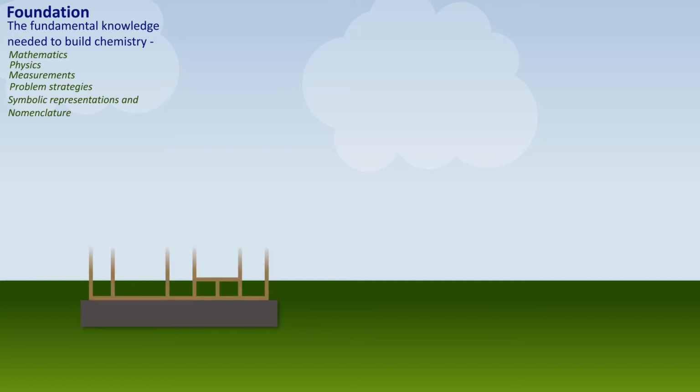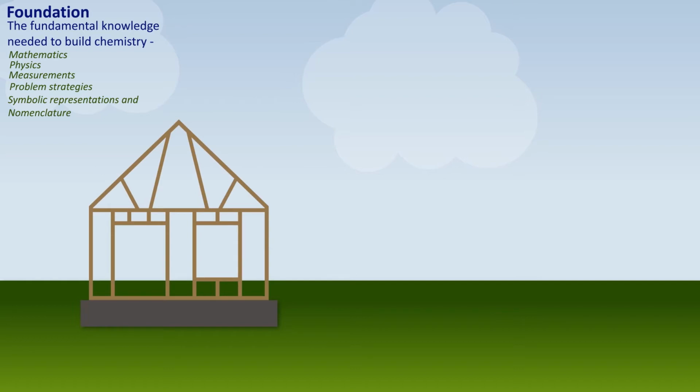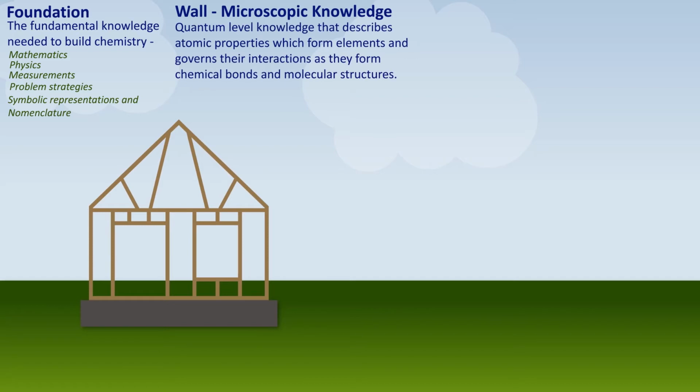One of the load-bearing walls that hold up our chemistry is the microscopic knowledge of matter centered about the physics of the quantum world. At this level of knowledge, we describe the nature and properties of atoms which form the elements on the periodic table and identify how these properties govern the interactions between atoms to form chemical bonds and molecular structures.